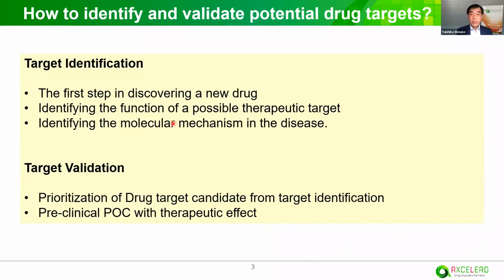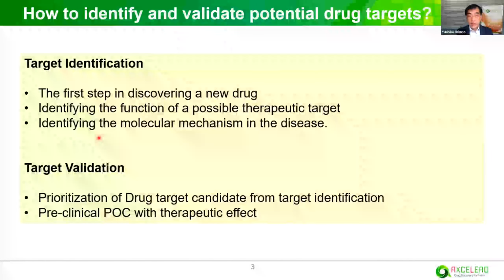So our big question is how to identify and validate a potential drug target when looking into the treatment for a specific disease. As you know very well, target identification is the first step in discovering a new drug. So the important thing is to identify the function of the potential therapeutic target.